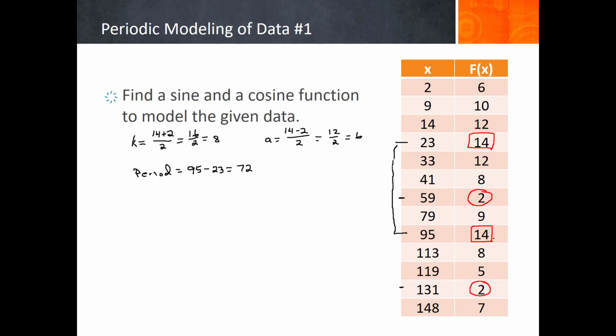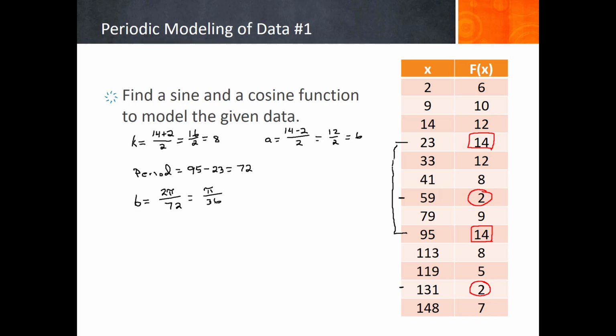Once we know the period, we can find the value of b in our equation by taking 2 pi and dividing it by the period. So 2 pi divided by 72: the 2 goes into 72 36 times, so we're left with pi over 36. All right, and then the last thing we need is our phase shift.